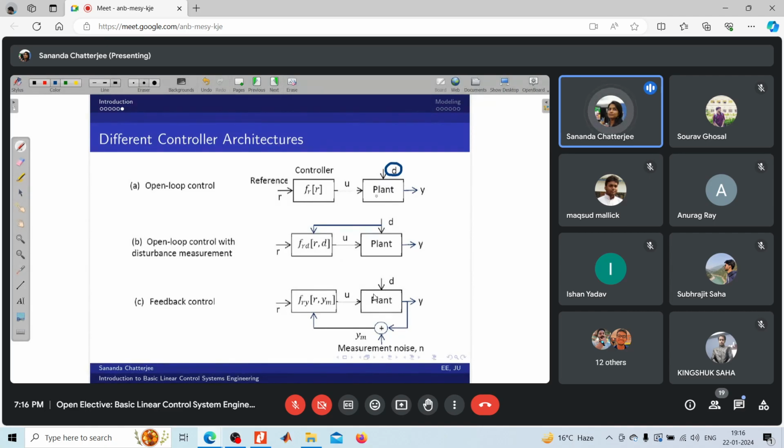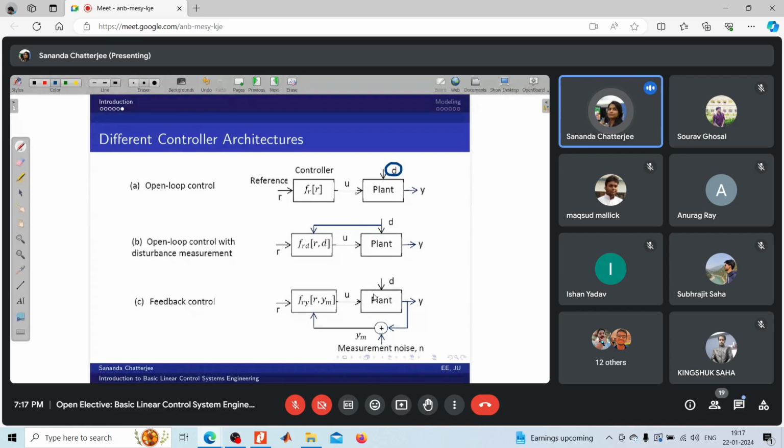For that we need a description of the plant which we are trying to control. That means some kind of output response we are trying to get from that plant. Therefore the input to output relation of that plant should be described somehow.